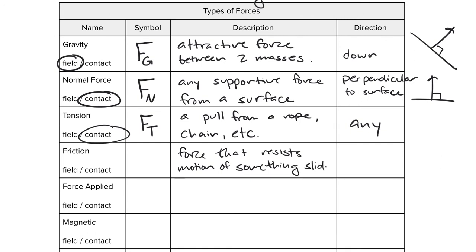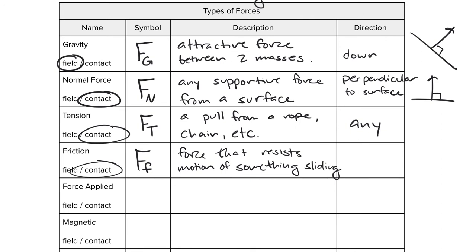Sorry, my handwriting's not the best here. Force that resists the motion of something sliding. Okay, so you can't have friction unless you're sliding across a surface, so it has to be contact. You can't have friction without the contact. The symbol for that is going to be a capital F, and this one's a little bit different, breaks the pattern. It is a lowercase f for the subscript to differentiate from the capital F for force.